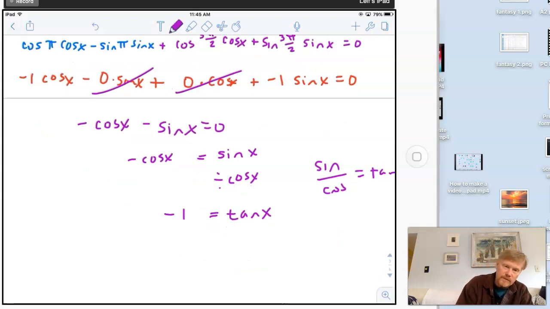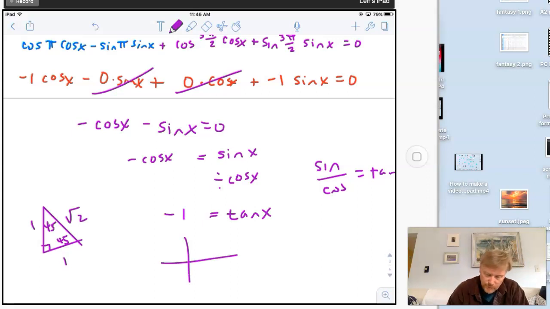That's tangent being 1. That's a 45, 45, 90 triangle. So that's 1, 1, square root of 2, which means tangent 45 is pi over 4.